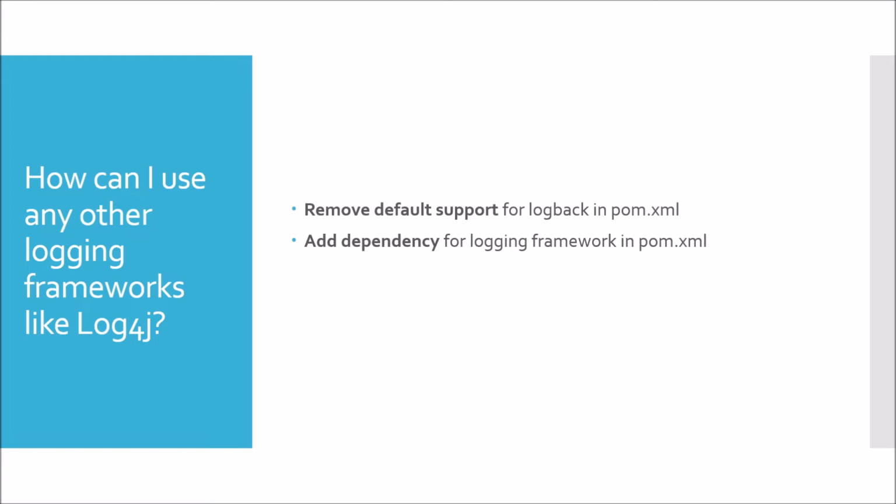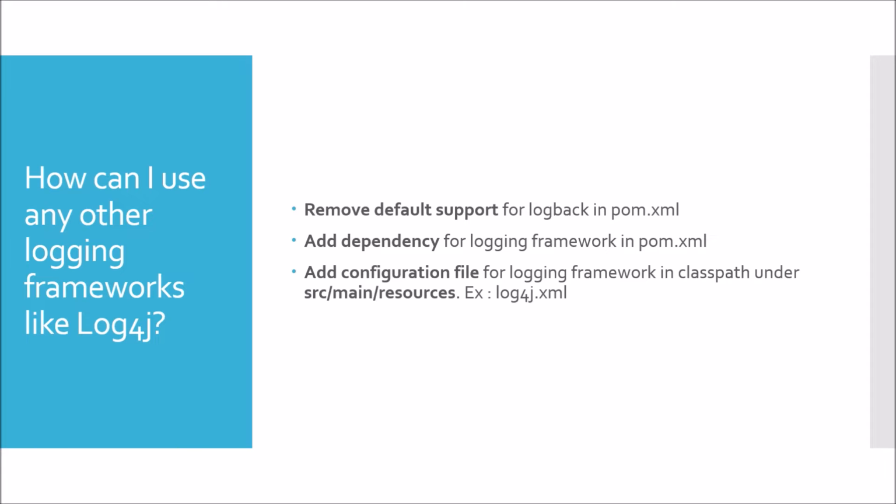Then add the dependency for the logging framework you need to use. For example, if I want to use Log4j, I will add the group ID and artifact ID of Log4j. The version will be automatically taken from the parent. Then I need to customize the configuration of the logging framework, so I add the configuration file to my classpath under src/main/resources.